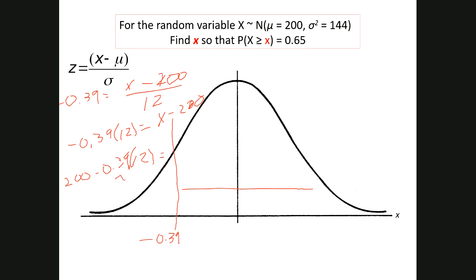That's a good thing, because as you'll notice, when we subtract something from 200, the value x is going to be less than 200, which is what we expect.